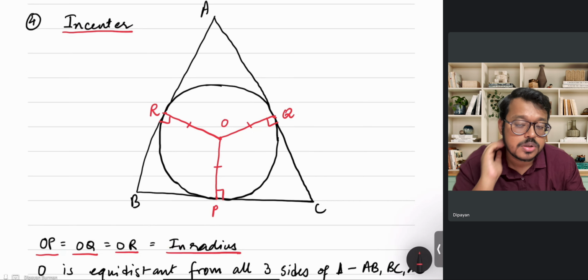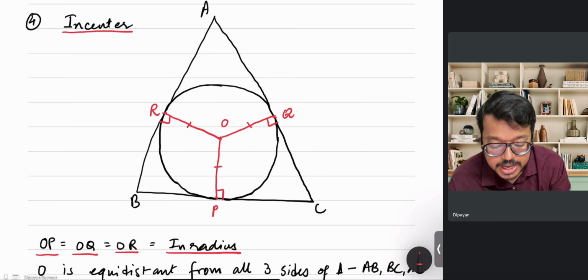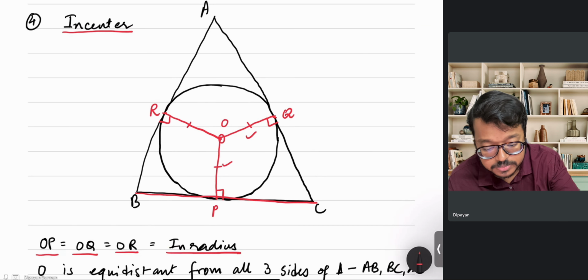So I can also look at point O as being equidistant from AB, BC and AC, because OP represents the distance of point O from the side BC, OQ represents the distance of point O from the side AC, and OR represents the distance of point O from side AB.